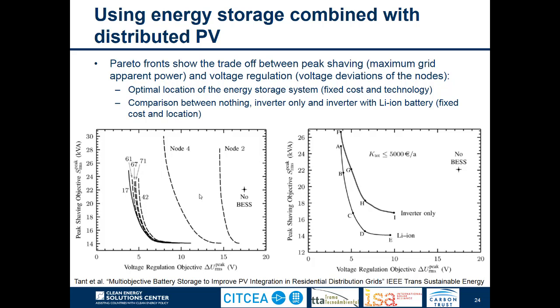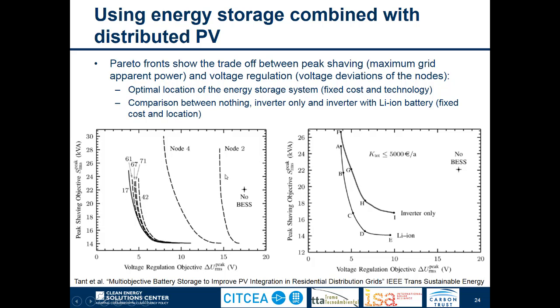In the figure on the left, we see the Pareto front, and we see how the voltage regulation objective, which is the variation of the voltages in general in the network, behaves compared to the peak shaving objective. We see that when we have better peak shaving, then we have worse voltage regulation, and the other way around.